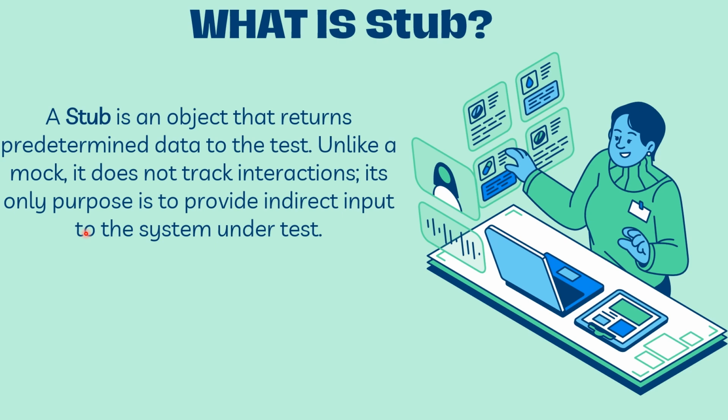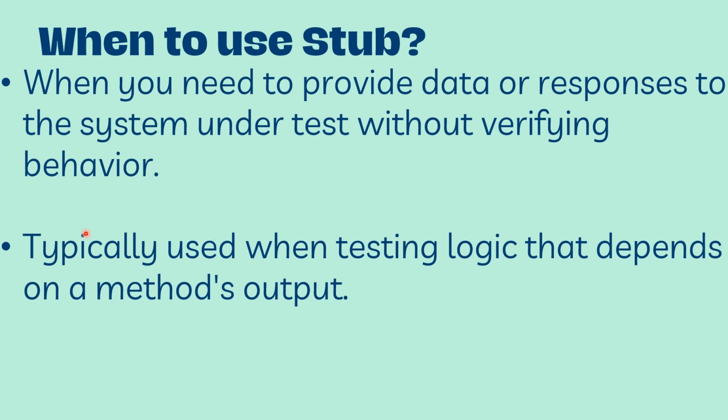In that case, we will use a stub. A stub will let you set up what a method should return, and the test case will also be able to verify that the expected result from a system is returned by that particular stub, right? So let's go and understand when to use a stub.